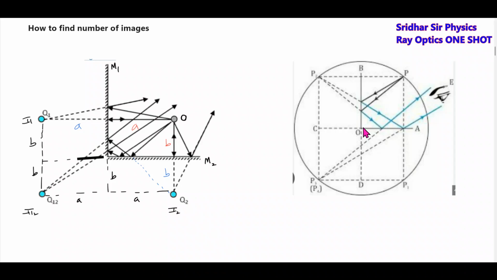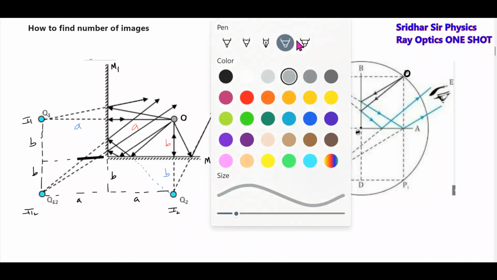So here what we do is, like, if there's no object. Now if the object is kept here, then with respect to the center, the intersection of the mirrors, draw a circle. Fine. So where are the mirrors? These are the mirrors. This is the mirror. Let me draw that mirror.